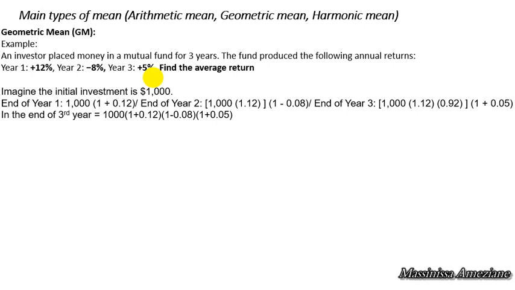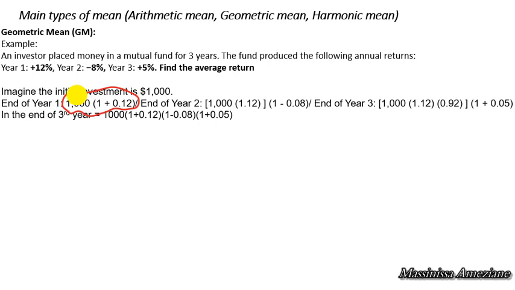At the end of the first year, this investor will have 1,000 times 1 plus the rate of return, which is 0.12.